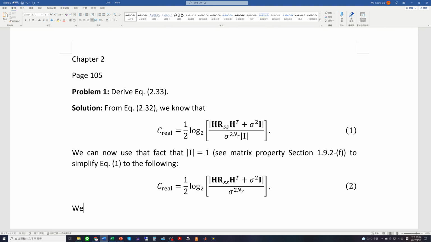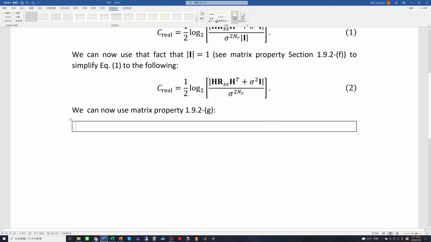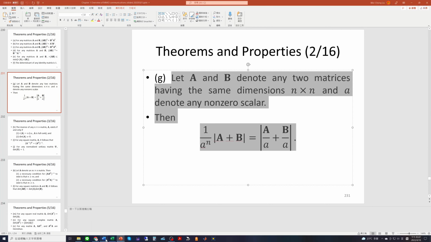Then we can now use matrix property 1.9.2G. Let me copy this property here.